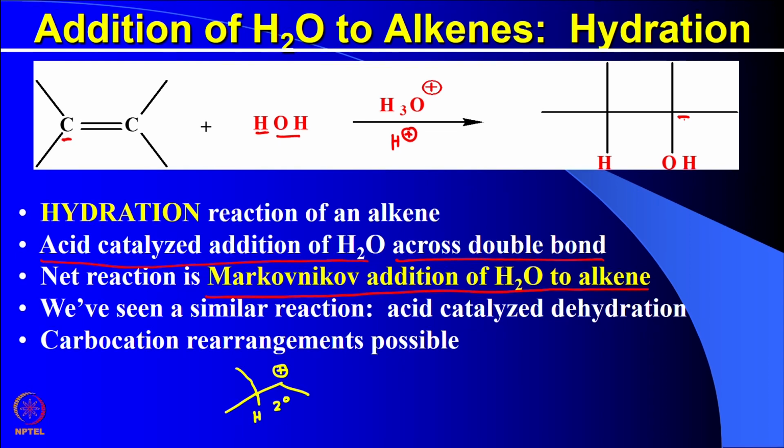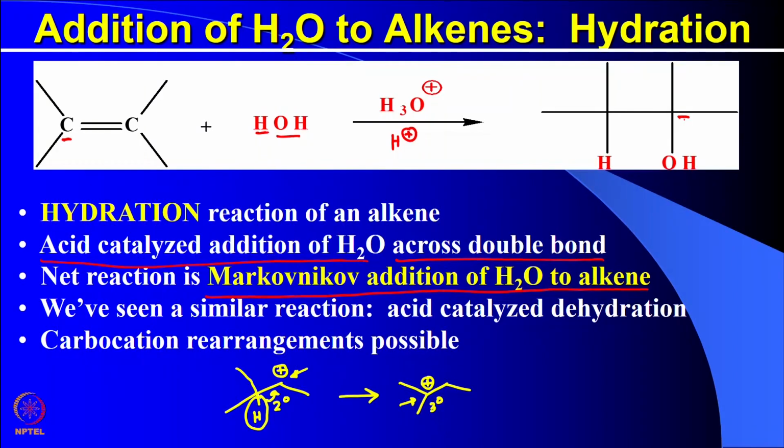For example, in this case, if this hydride is shifted from here to this site, then we would get a carbocation formation at this point where it is a 3-degree carbocation, and you may end up seeing a product where the OH is not connected to this carbon, rather the OH gets connected to the 3-degree carbon site and forms a new product.